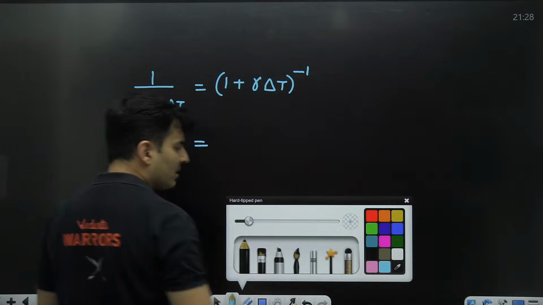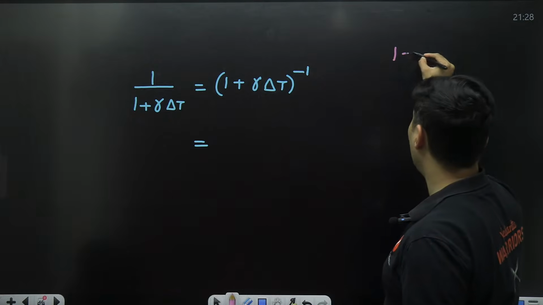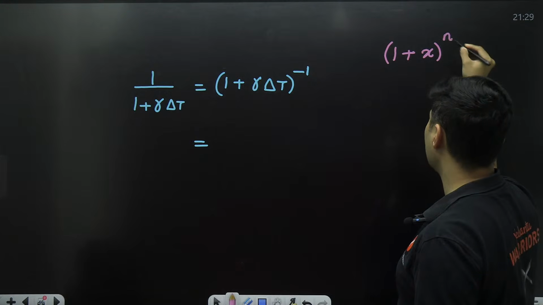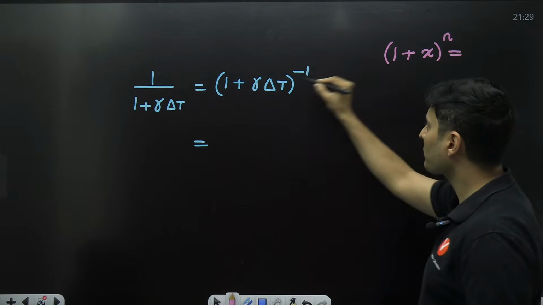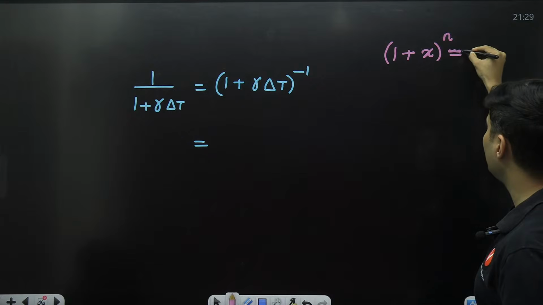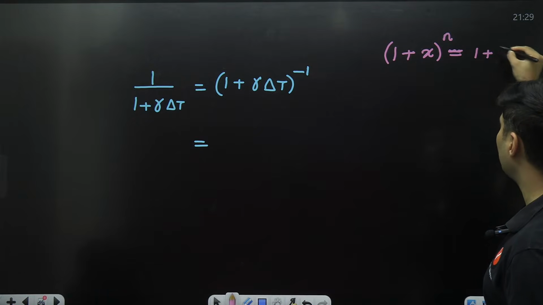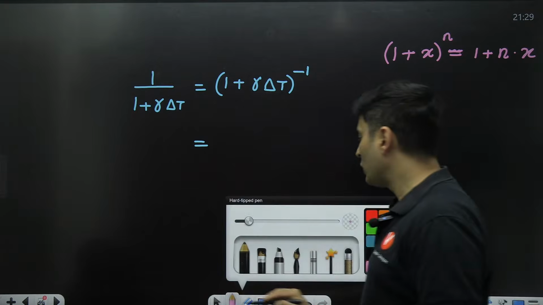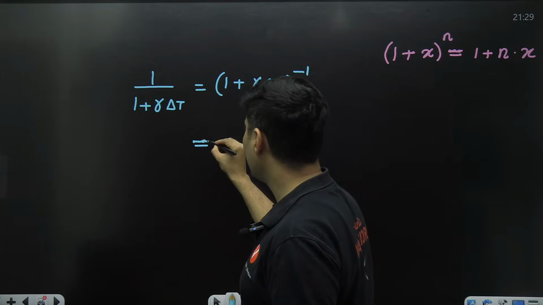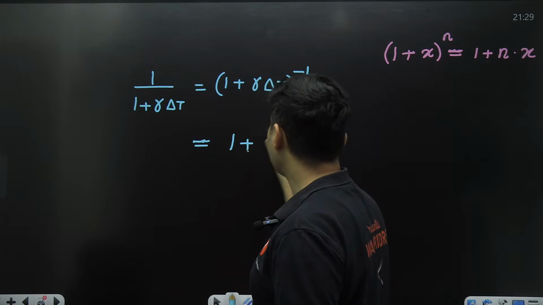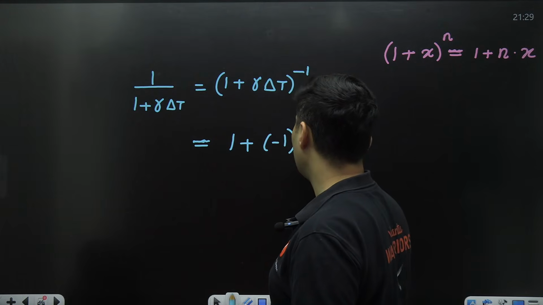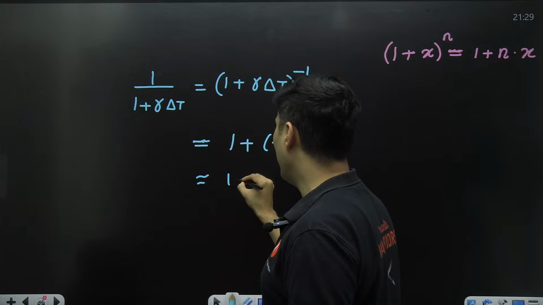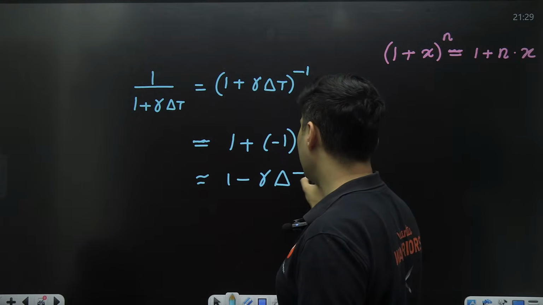Binomial approximation says that if you have 1 plus x, x being a very small number, raised to some real number n, then it is approximately 1 plus n into x. So this is approximately 1 plus (-1) into gamma delta t, which makes it 1 minus gamma delta t.